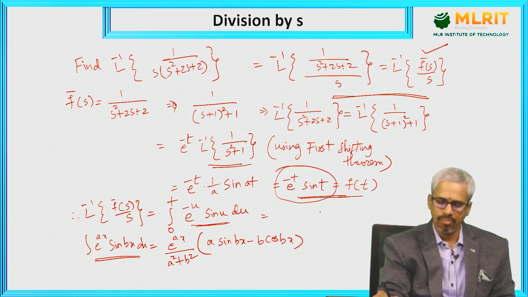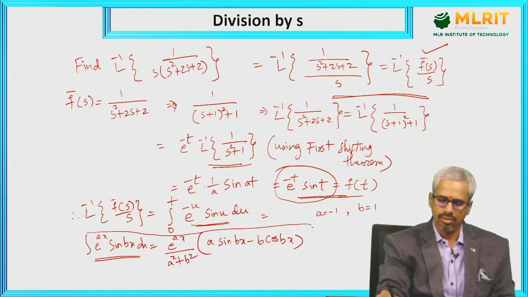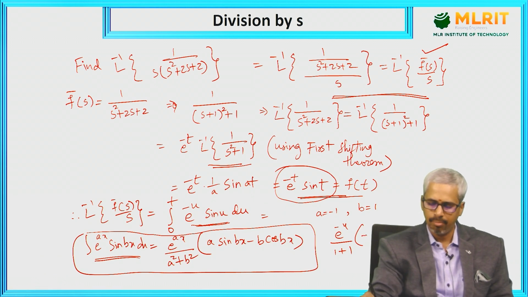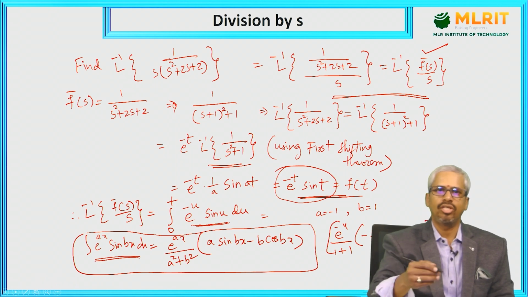So, we replace a equal to minus 1 and b is equal to 1. So, this integral can be written as e power minus u by a square plus b square into (a sin bu minus b cos bu), b means 1, into cos u, and we substitute the limits 0 to t.